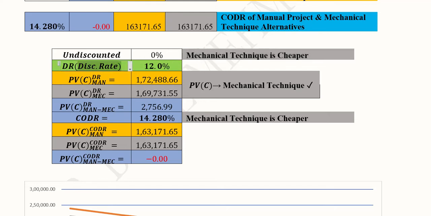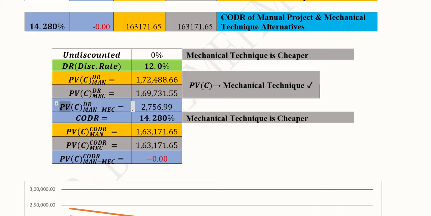When we choose a discount rate, it was 12%. We found the present value of the costs of the manual technique at discount rate 12%, and it was this much. The present value of costs of the mechanical technique at the discount rate 12% was this much. So here the mechanical technique again seems to be desirable.